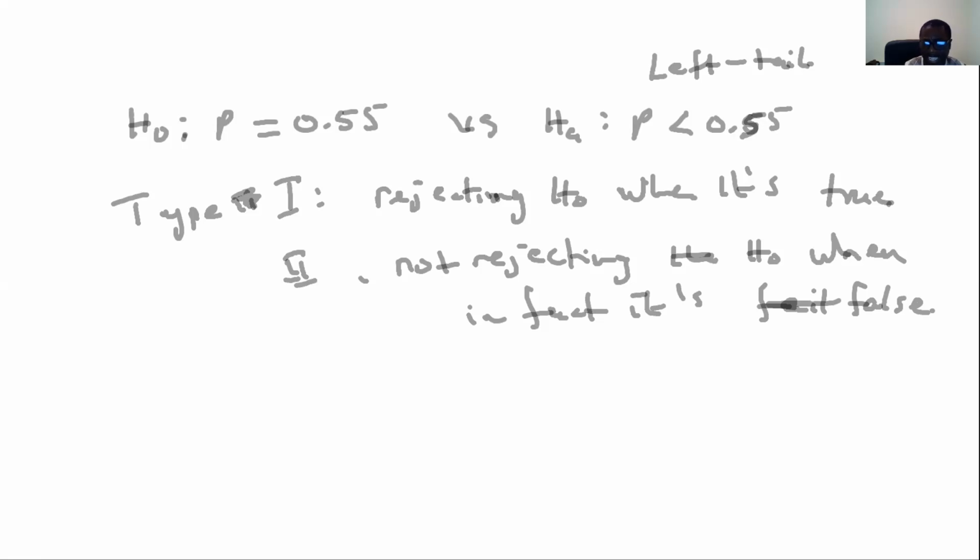My null hypothesis in this case is that it is equal to 55%. So we fail to reject the null hypothesis that the percentage of high school students who graduate is equal to 55% when that percentage is actually less than that. That means the null hypothesis is false, but we fail to reject it. So this would be type 2.